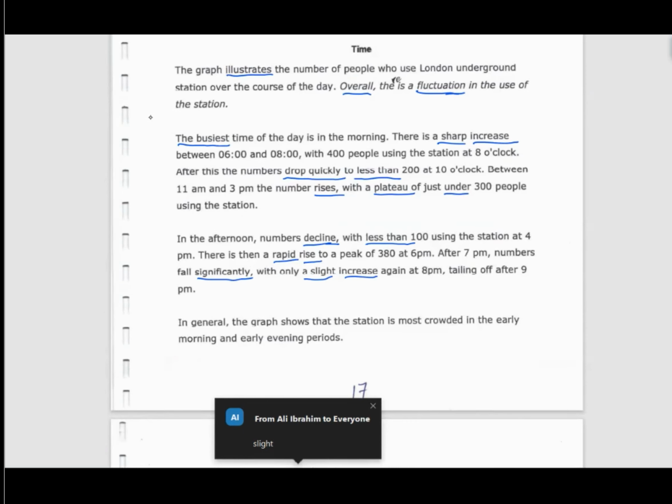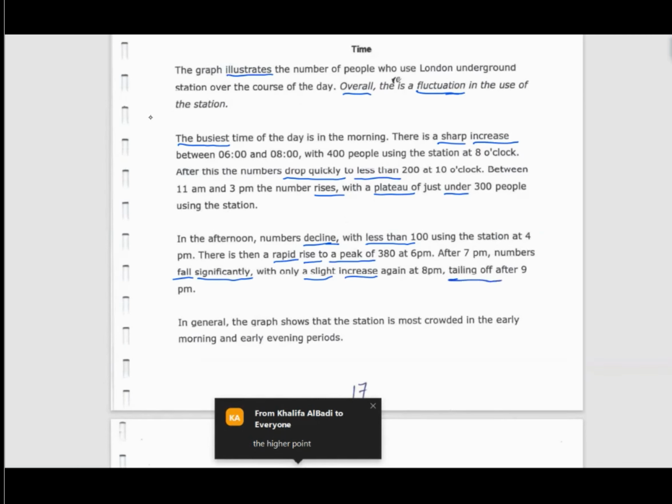Significantly. Also fall significantly. Fall, go down. Very good. A peak of. What is a peak? The top, the highest point, yeah, the top.